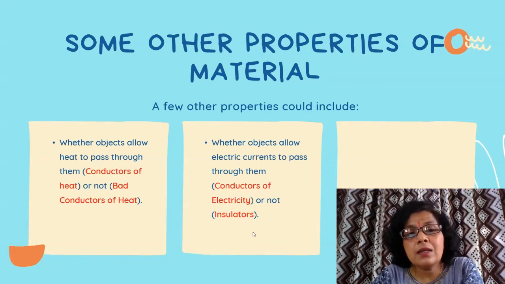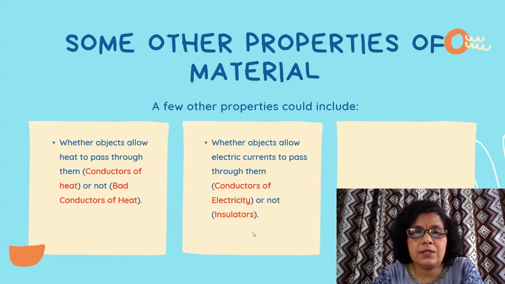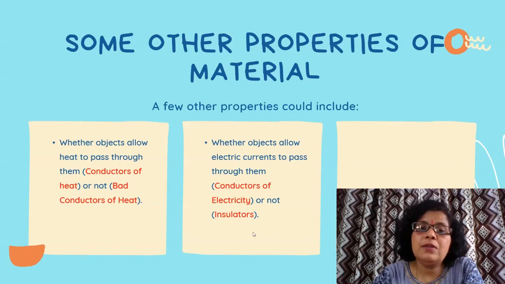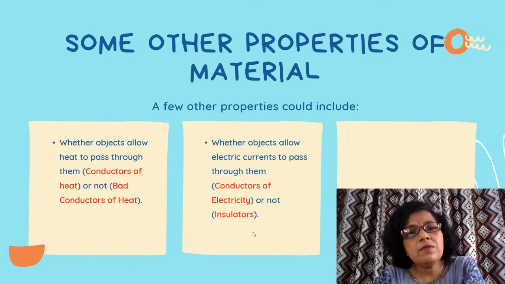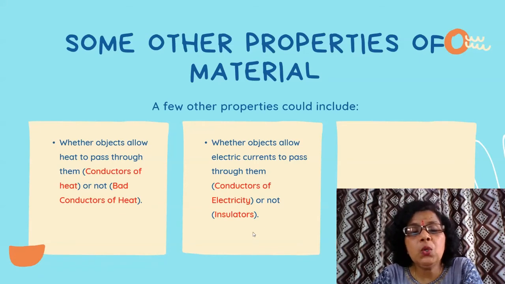Because metals, again, can conduct electricity. The metal which can conduct electricity very fast is silver, but it's very costly. That's why we use copper wire or copper metal to conduct electricity. All the metals are good conductors of electricity, and in fact our human body is also a good conductor of electricity.